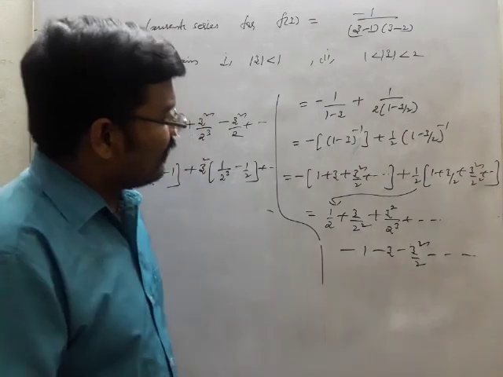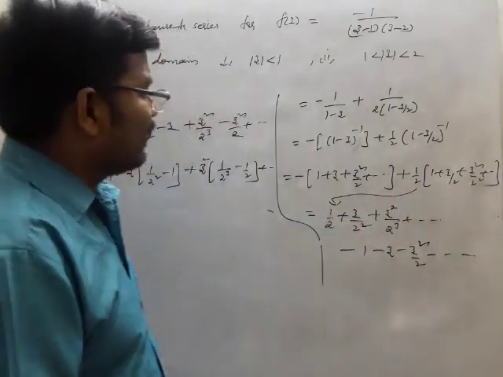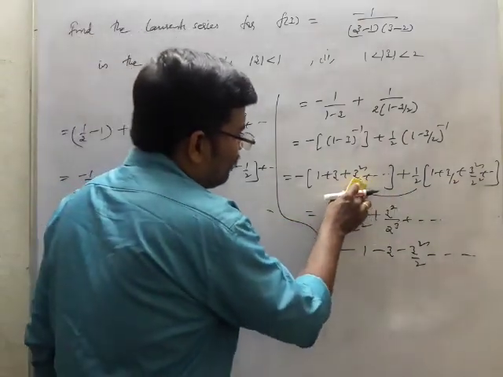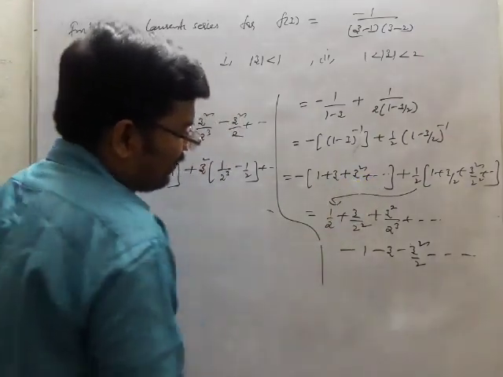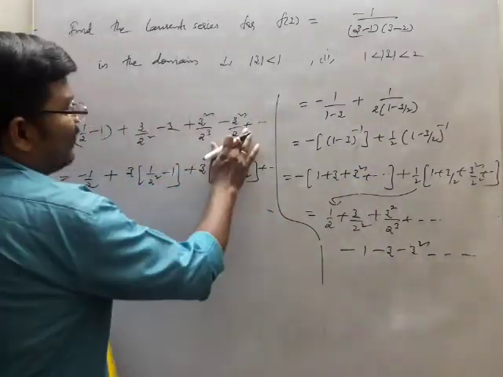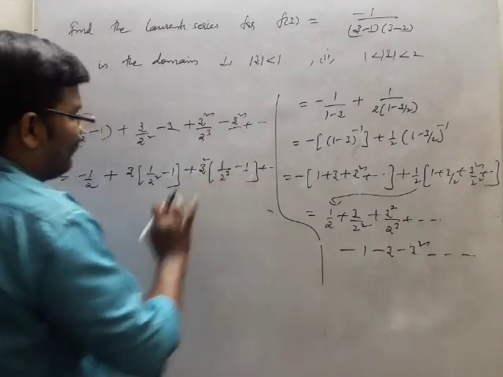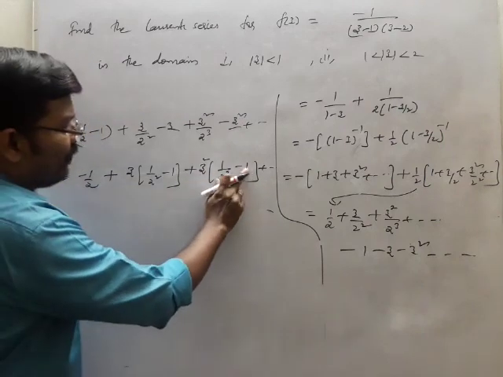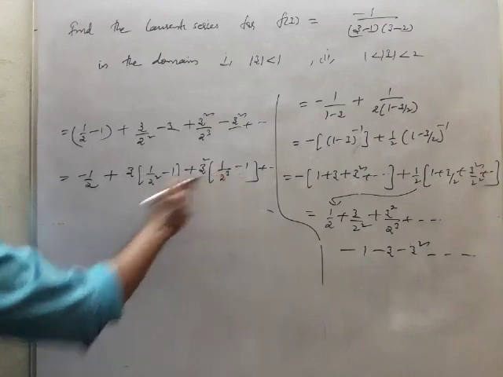Okay, this is not z 2 cube, z square by 2, it is z only. So therefore this is z. So I may write as 1 by 2 square, 2 cube minus 1. Okay, this is how we got.